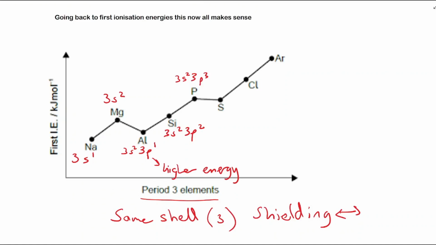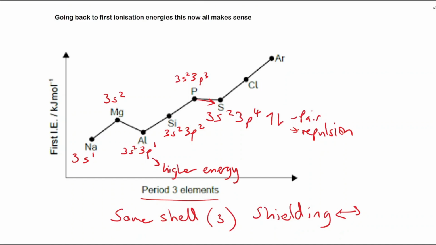When we get to sulfur, we get our other drop, and this is a less significant drop, but it's still a drop. This occurs because we now have 3s2, 3p4. So we have a pair now of electrons, and this means we have repulsion. And that means it's slightly easier to remove.